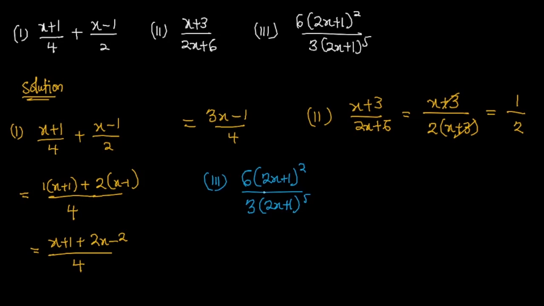So if we look at it very well, I can decide to factor something out at both the numerator and the denominator. So I've decided to rewrite the 6 over here as 2 multiplied by 3 into brackets 2x plus 1 all squared. Okay, this is the same thing. It means 2 times 3, which will give me the 6 over here.